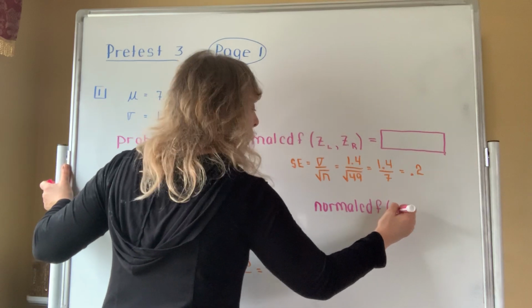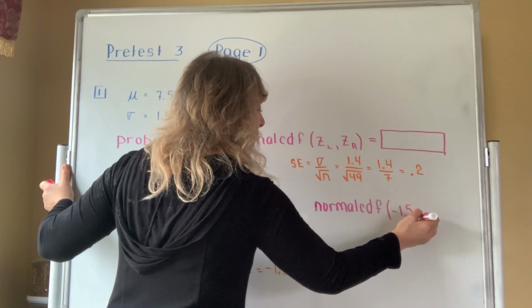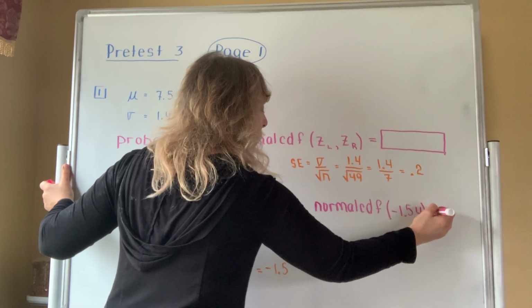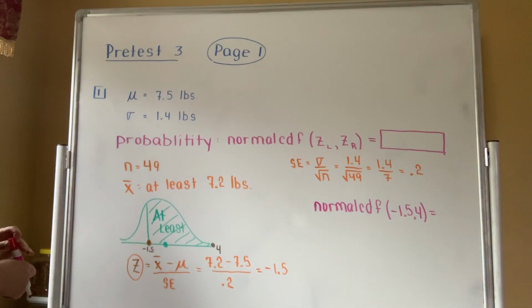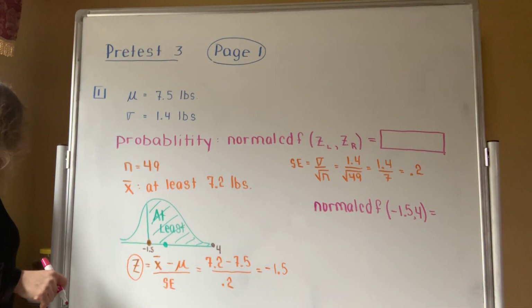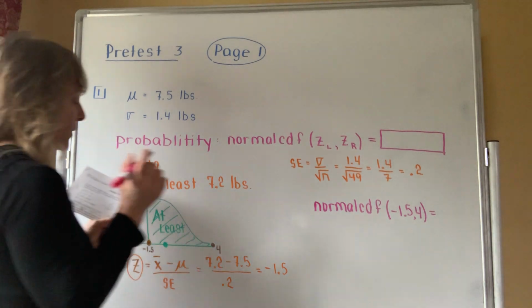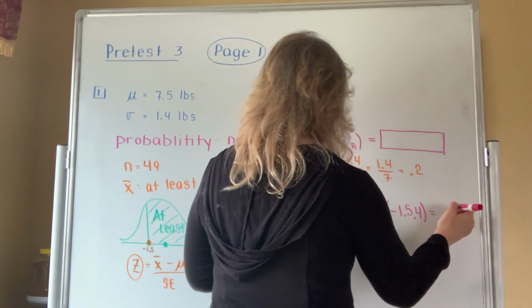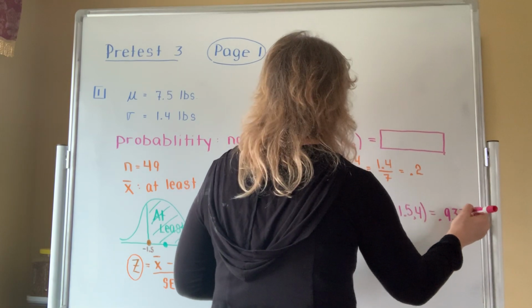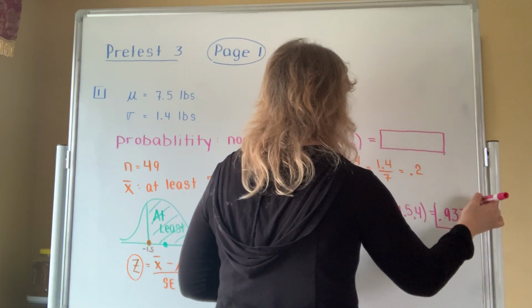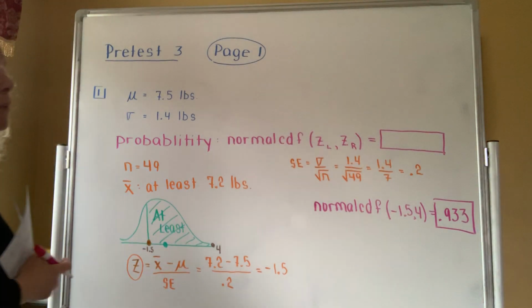The left z-score is negative 1.5, and the right z-score is 4. And I'll use my calculator to round it to 3 decimal places. But I'll be honest with you, I already did it, so I'm just going to round it. It is 0.933. This is the probability for number 1.